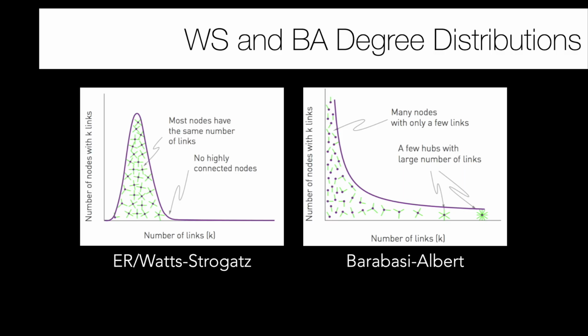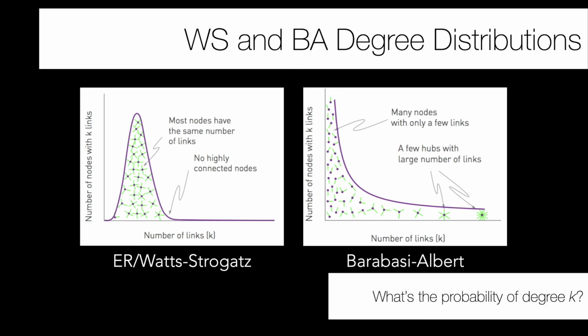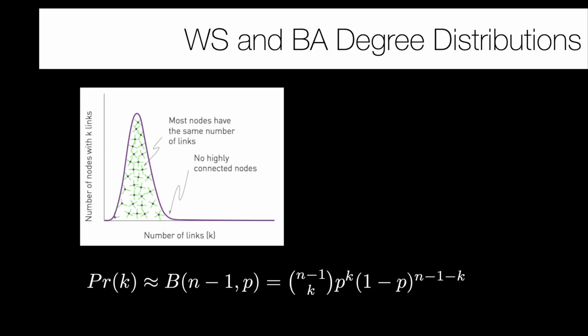So now we can compare the degree distributions from the Erdos-Renyi and Watts-Strogatz models to what we get with the Barabasi-Albert model, and see that the Barabasi-Albert model does much better reflect this long-tail degree distribution. And in fact, based on this, we can ask, what's the probability of getting a node of degree k? For the Watts-Strogatz or Erdos-Renyi model, as I mentioned, this is essentially a binomial model that we can evaluate.